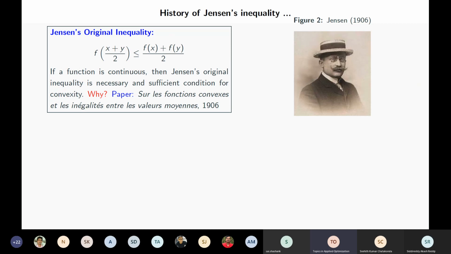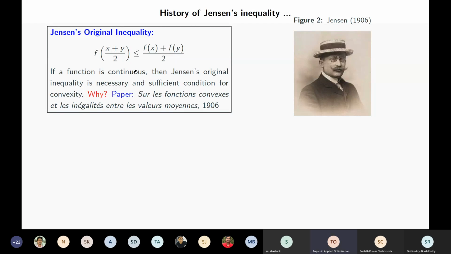So what is Jensen's original inequality? The original inequality of Jensen was this: f of (x plus y) by 2 is less than or equal to (f(x) plus f(y)) by 2. What Jensen says is that if a function is continuous, then Jensen's original inequality becomes the necessary and sufficient condition for convexity.